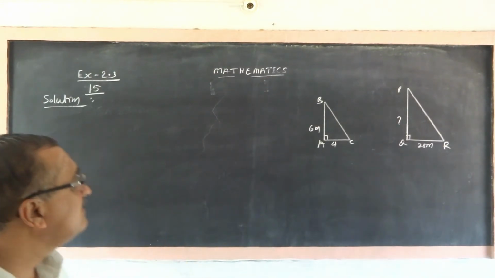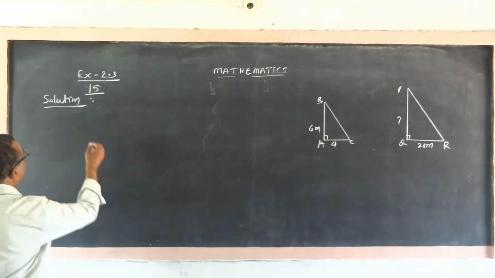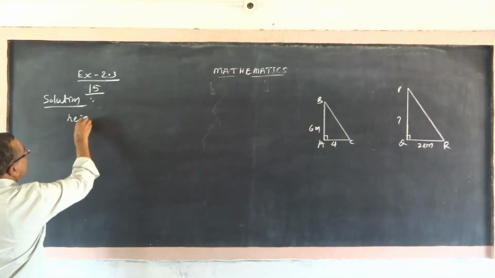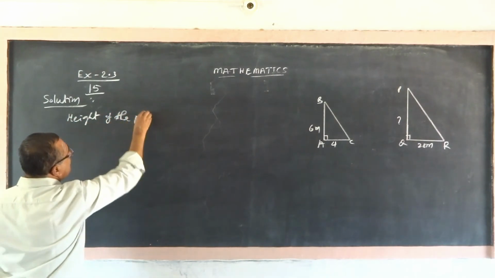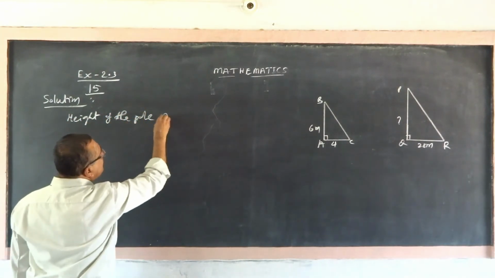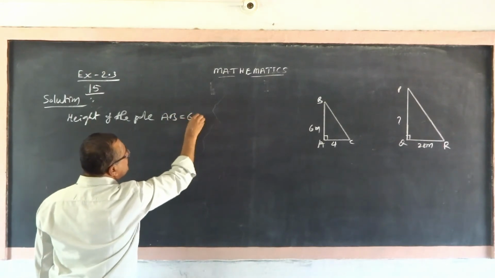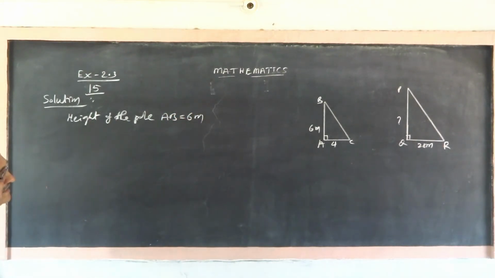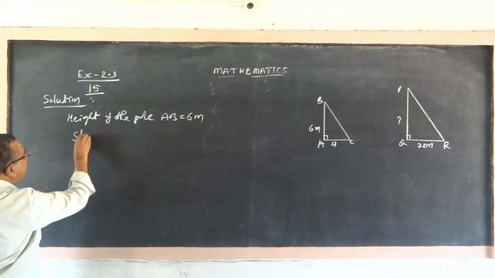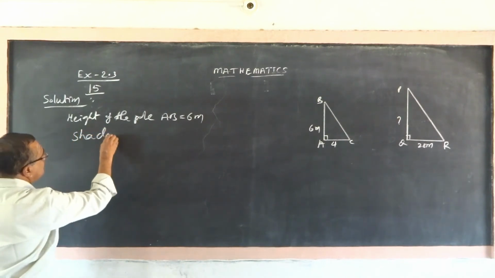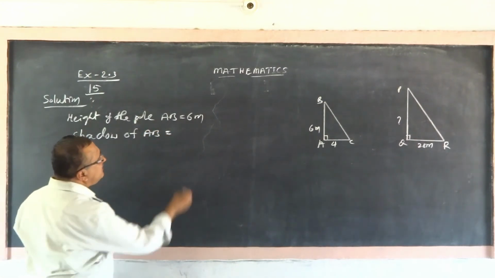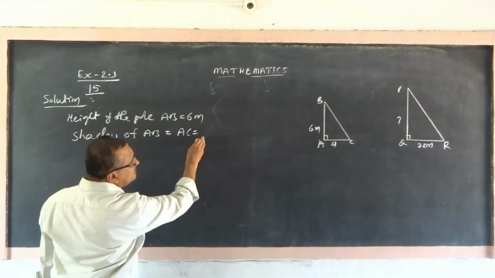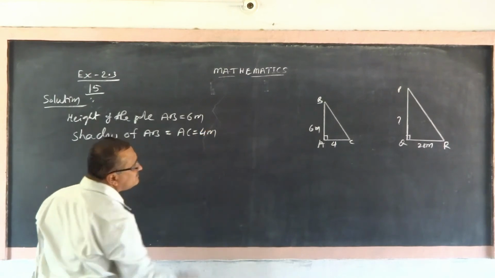How do you find it? Right here, what is AB? Height of the pole, AB, is equal to 6 meter. Next, shadow of AB is equal to AC, that is equal to 4 meter.